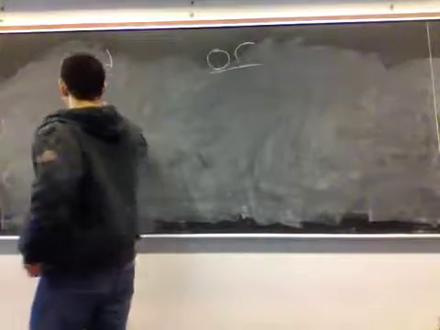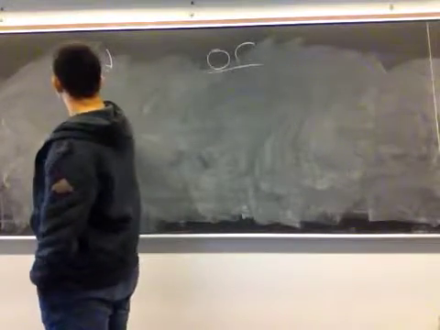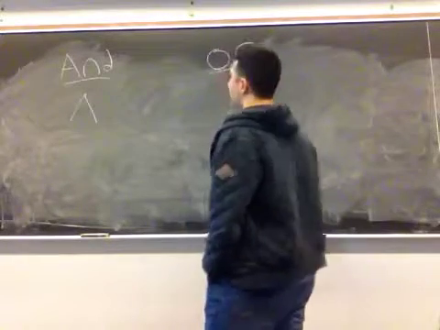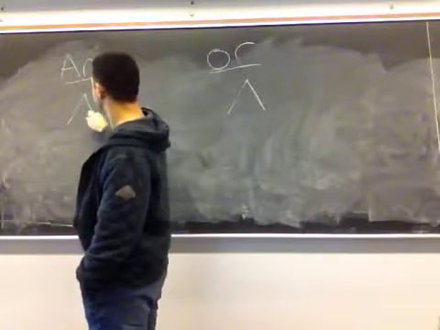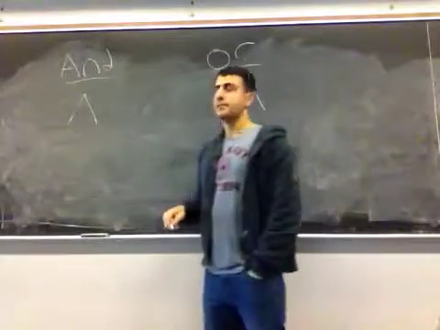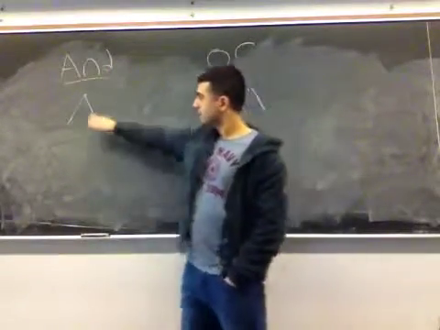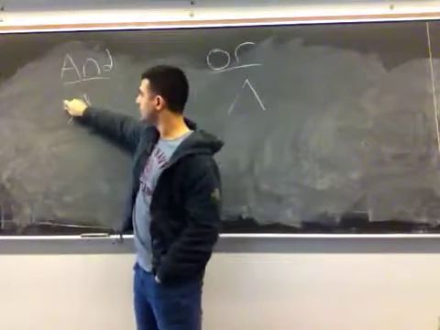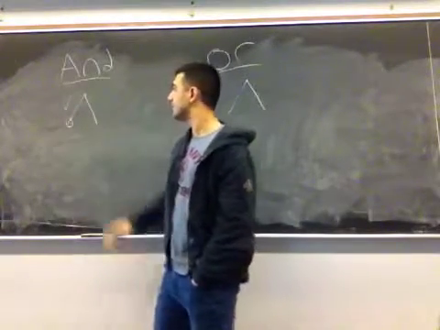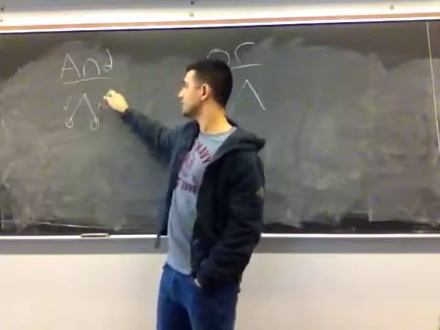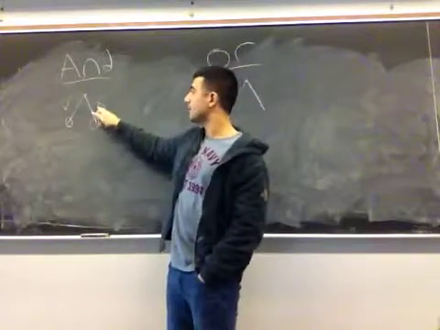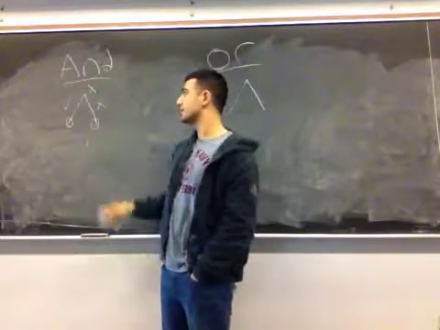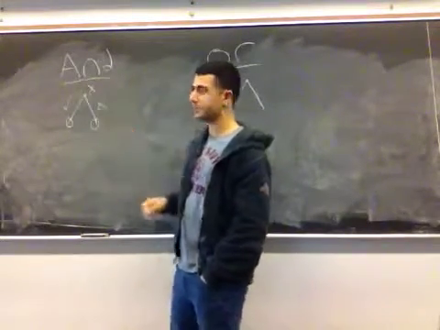Okay, so the difference was in the and statement, both of them had to be true. So let's say this one was true, this thing was true, but this thing was not true, then the whole thing would not be true. So both of the things have to be true in order for the whole thing to be true.